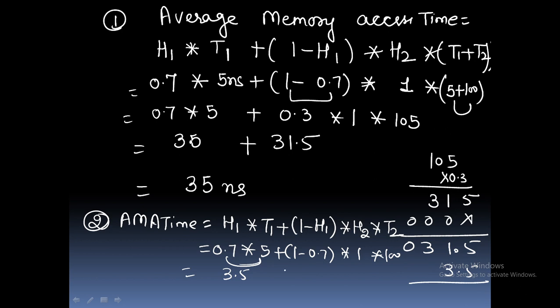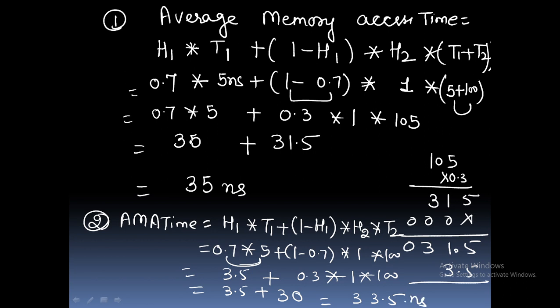When we multiply 0.7 with the 5, then we get 3.5 plus 0.3 multiply 1 multiply 100. 3.5 plus 30, that is equal to 33.5 nanosecond.